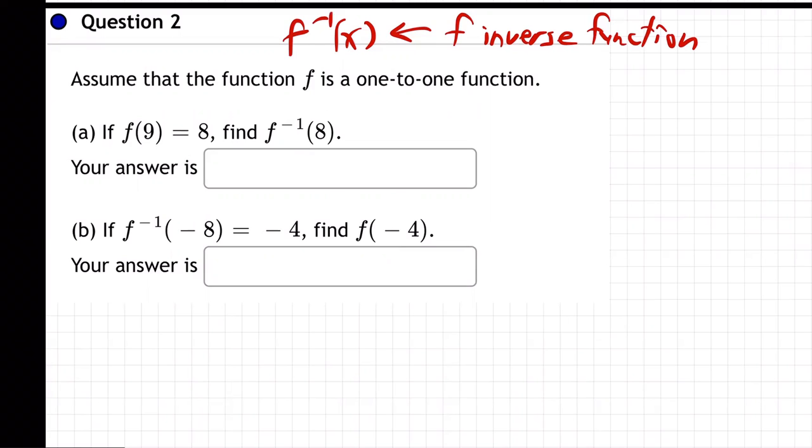Basically, if you have f of some input equals some output, because that's what functions do. In fact, let me write it this way. If you take a toaster, and here are the holes in the toaster.